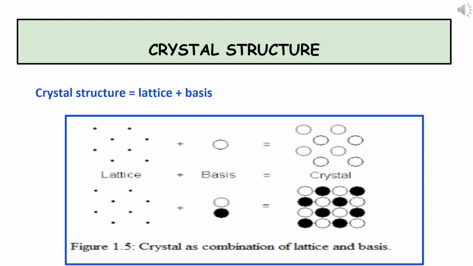Now, the crystal structure is formed by the lattice plus the basis. As you can clearly see in the diagram, the lattice points and the basis form a complete crystal structure.